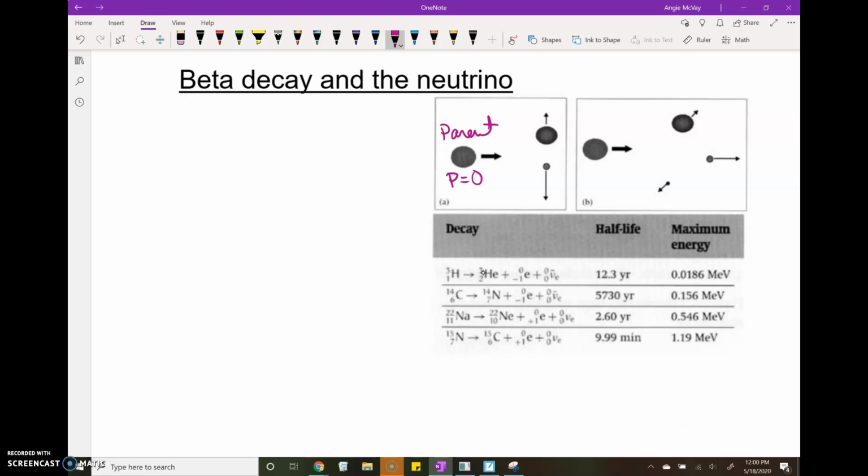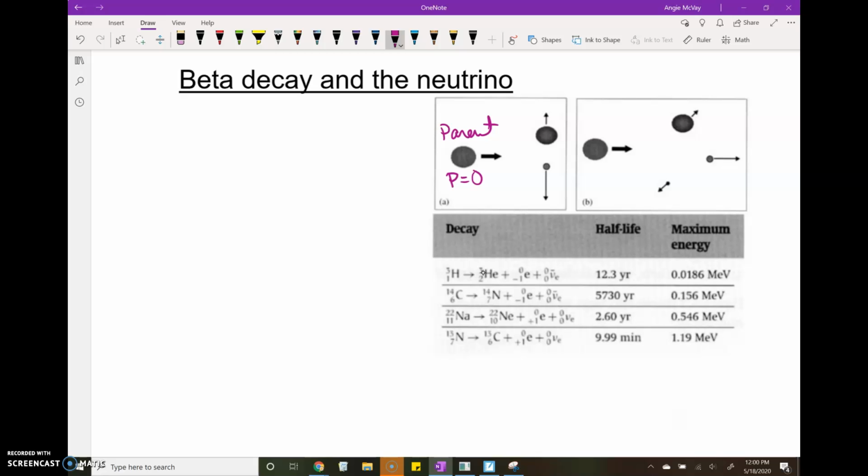What you'd expect, if you've got a parent nucleus just sitting still, is that after it decays, if there were only 2 particles they detected, they would come off with equal momenta but in opposite directions. The daughter nucleus would be going in one direction with a smaller speed, and the beta would be going in the other direction with a larger speed because it has less mass.